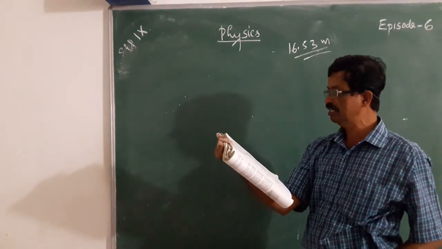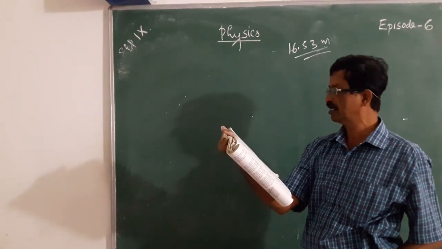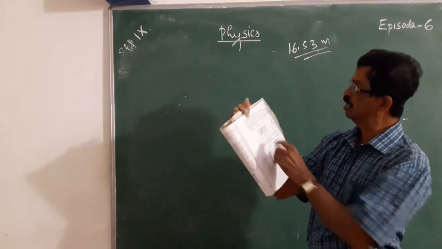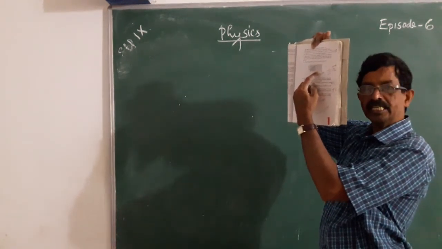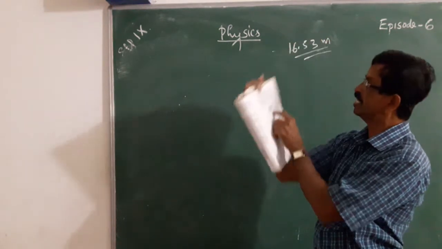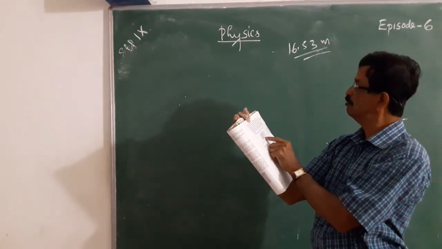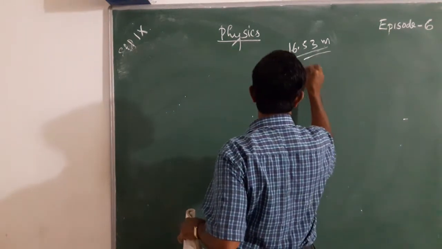Another question: which part of the graph represents uniform motion? See, from the 6th second onwards, the graph is parallel to the time axis. That is, its speed is not changing. So uniform speed starts from the 6th second onwards.